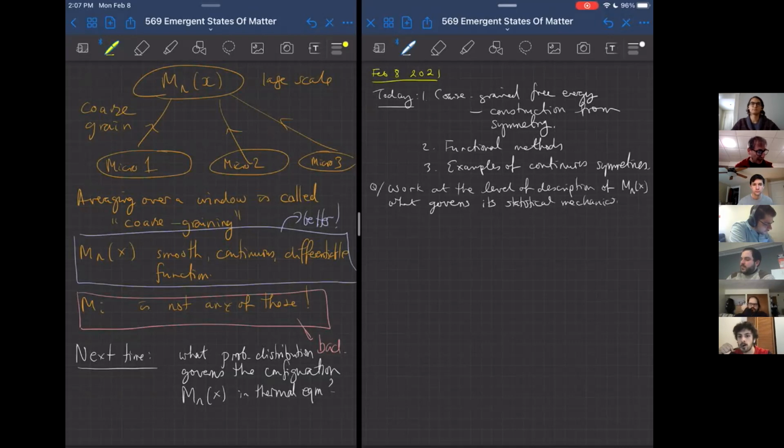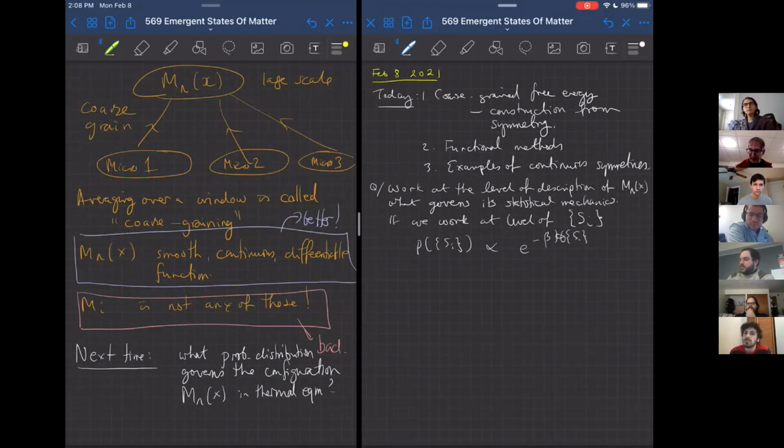In other words, the analogy is this: if we work at the microscopic level, so the state of the system is described by the variables S_i, then we know that the probability of observing the system in some particular state S_i is proportional to e to the minus beta times the Hamiltonian of S_i. So we know that that's true.